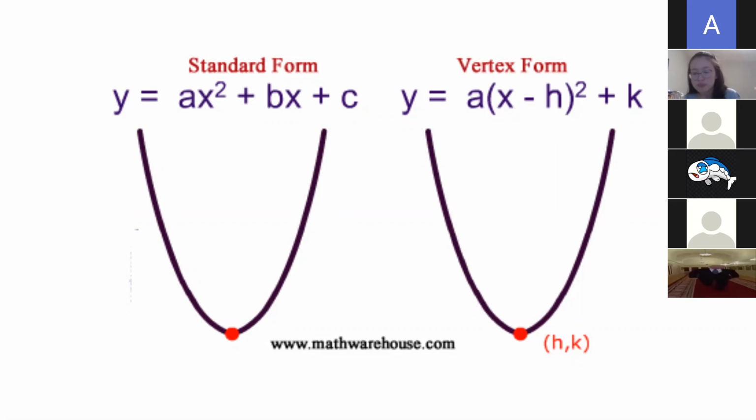Does everybody see the hk in vertex form? I hope you guys can see it. The hk is basically the vertex of the quadratic. So if you're going to try to find the vertex of a quadratic, which form would it be easier to find it from, the vertex form or the standard form?